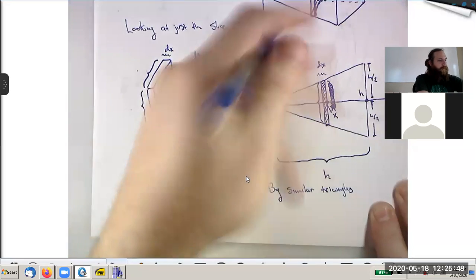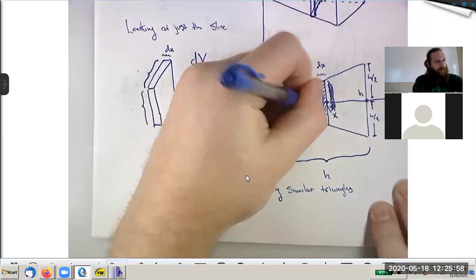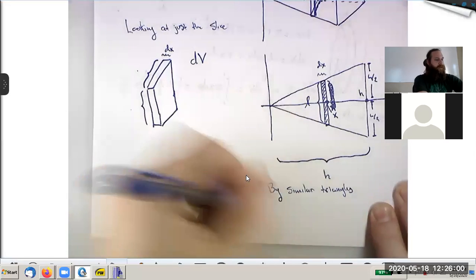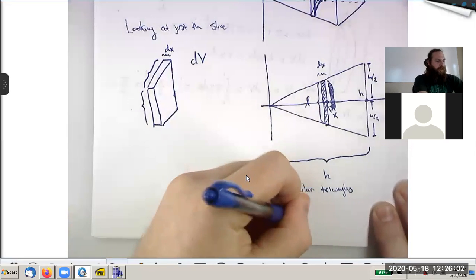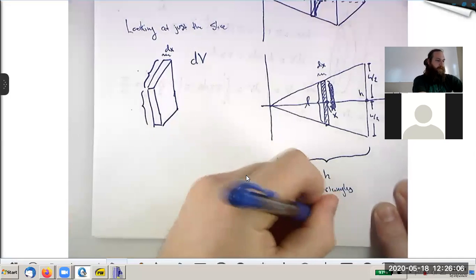So I need to label the thing that I'm after here. I haven't given it a name yet. What do we want to call it? I can't call it big L. Call it little l. So by similar triangles, l over x is equal to capital L over h.